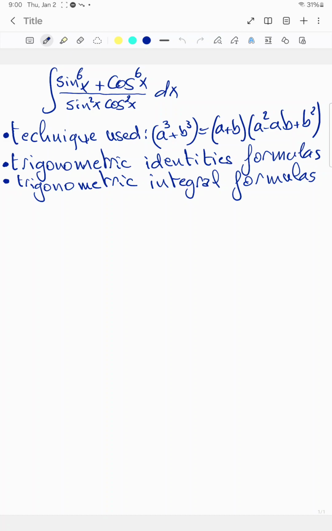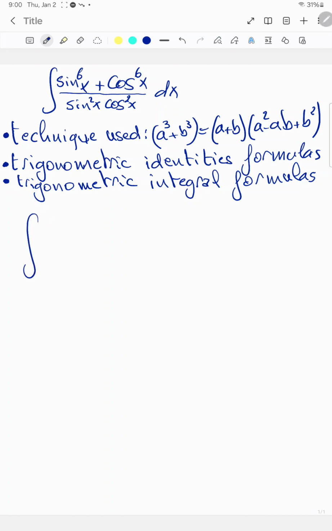Now, whenever you have any trigonometric function with a power more than 2, because all the trigonometric identity formulas are either to the power of 1 or to the power of 2, you have to reduce it. In this example, I have sine to the power of 6x plus cosine to the power 6x, so I have to make it to the power of 2. So let's rewrite it.